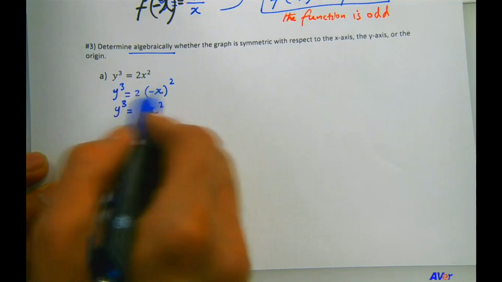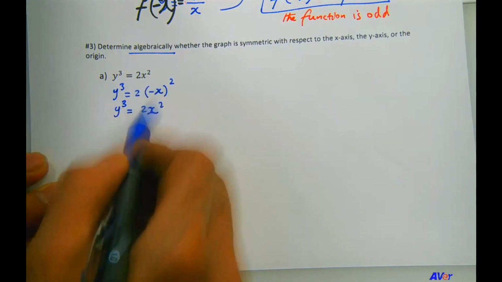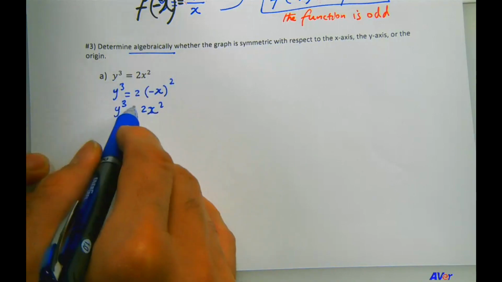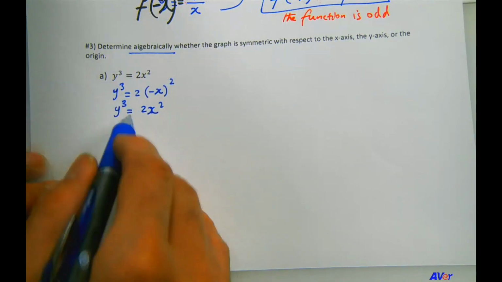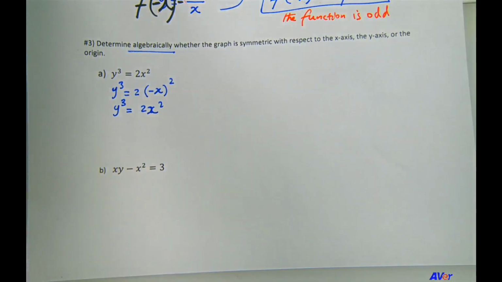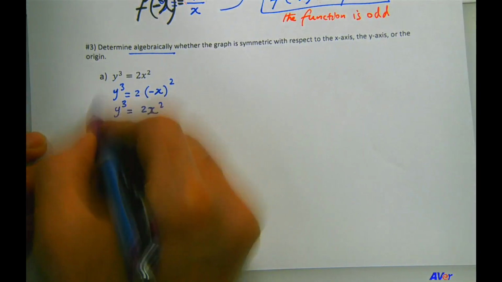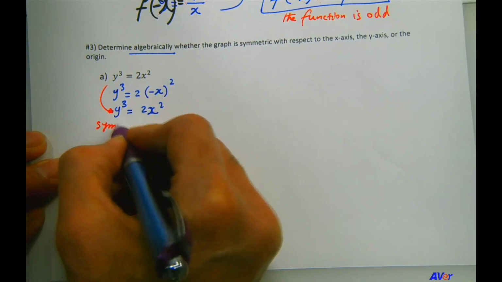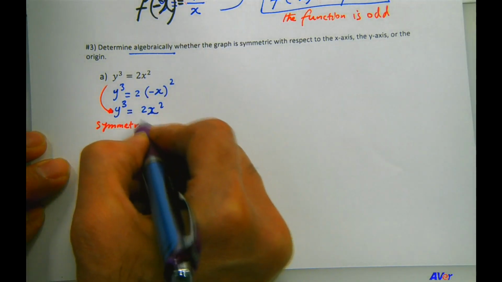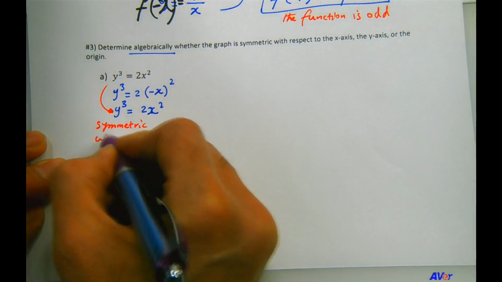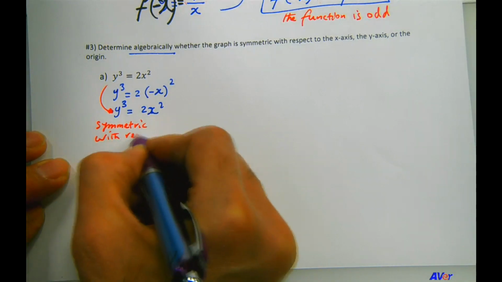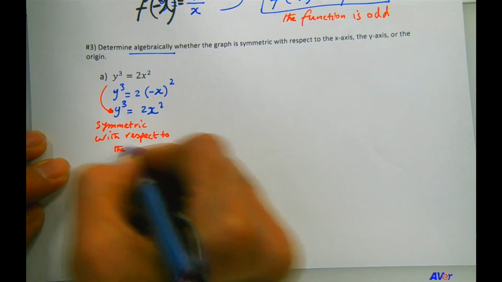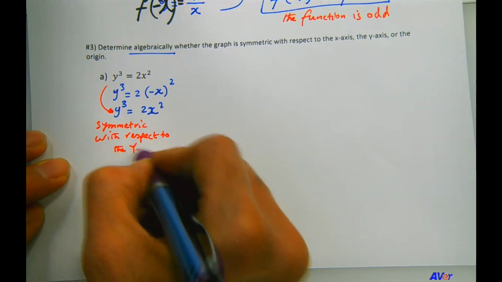Even after replacing x with negative x, we end up with the same function. So this function is symmetric with respect to the y-axis, right? So we have the same function, so symmetric with respect to the y-axis.